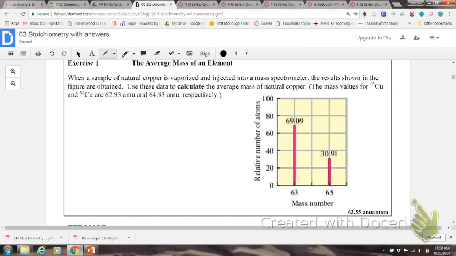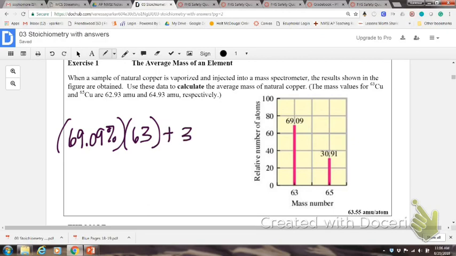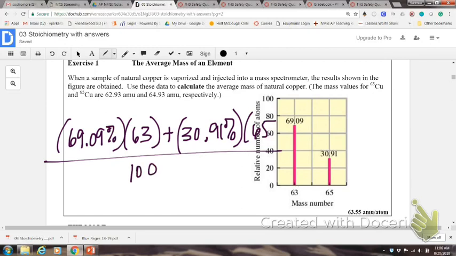So if you remember, we would do 69.09% times 63, because that's its mass number, and then 30.91% times 65, and then we divide the whole thing by 100. Now I actually get a different number than they're listing. I get 63.62 AMU, but that was from a long time ago. I may have made a mistake.